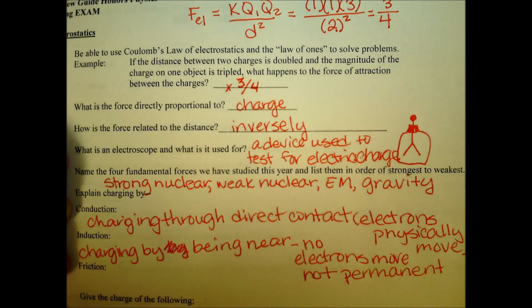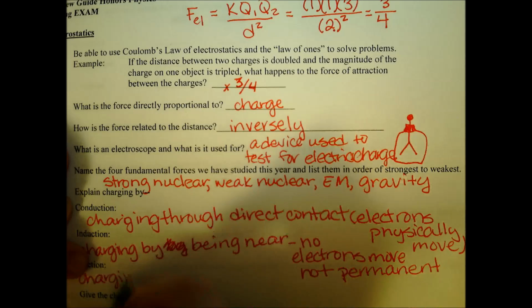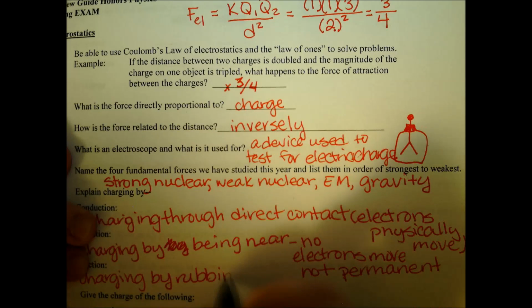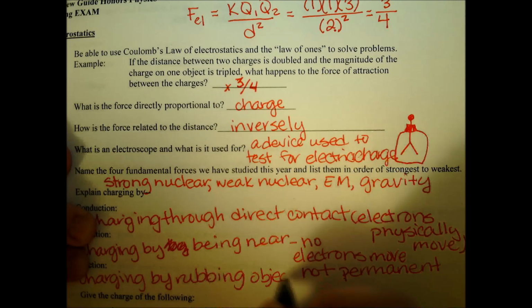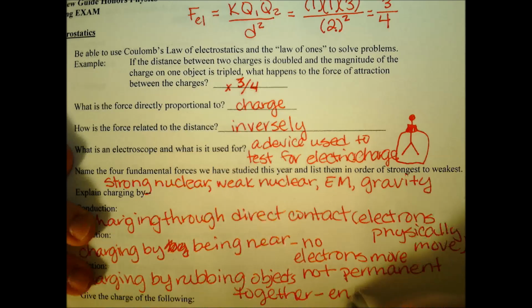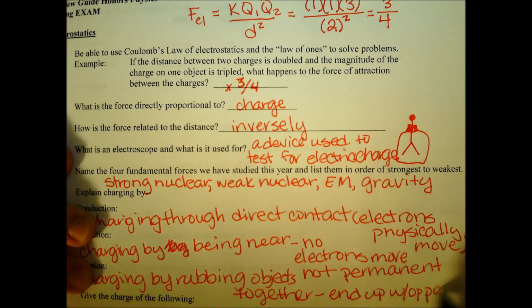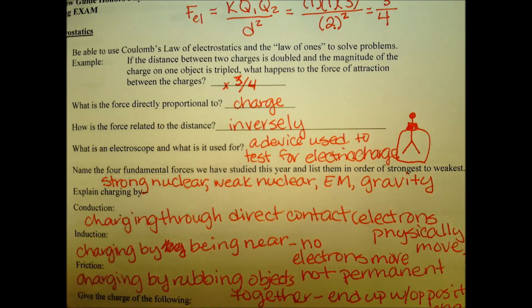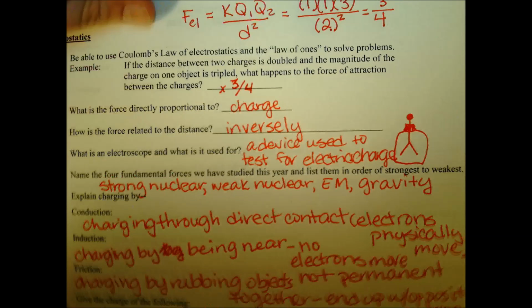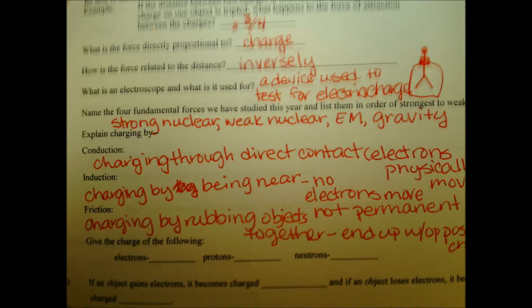Friction is charging by rubbing objects together. So electrons do physically move, and you end up with opposite charges. Again, if you want more detailed explanations of those, you should go back and check your old reviews. That's probably the best way to study for this.